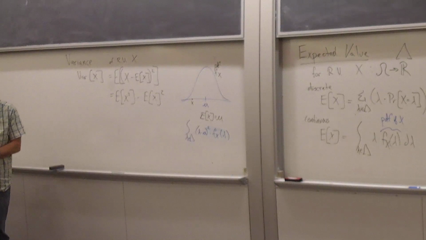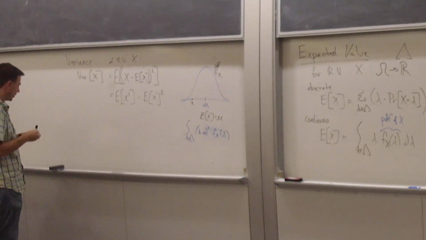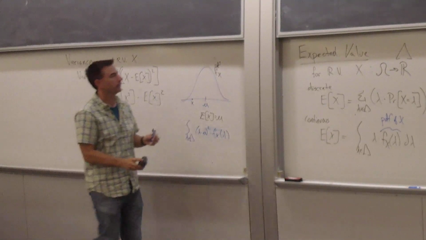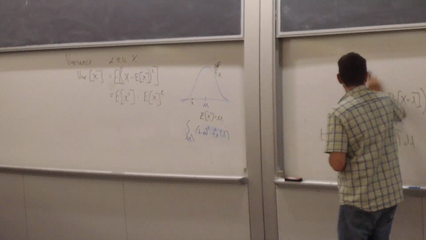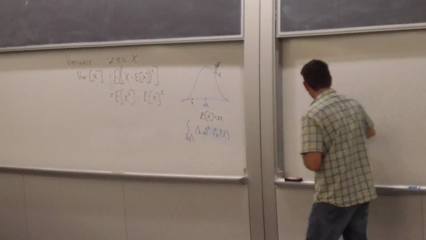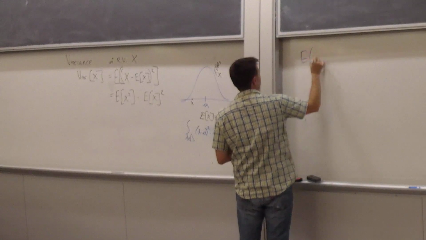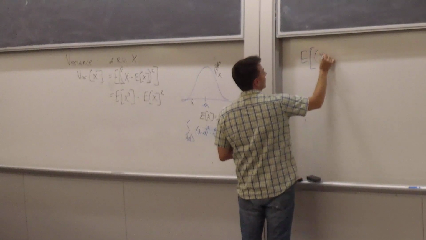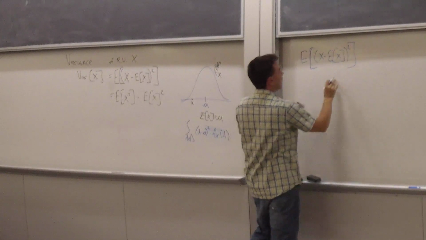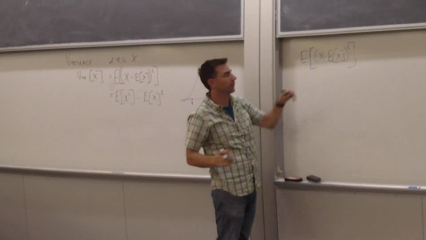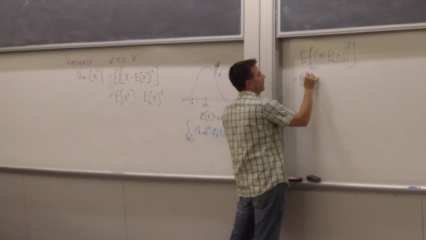Okay, so let's do the derivation of why these are equivalent to each other. To see this equivalence, the first thing you do is expand out the square inside of the expectation.